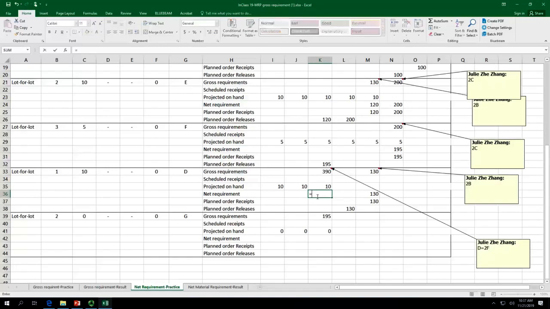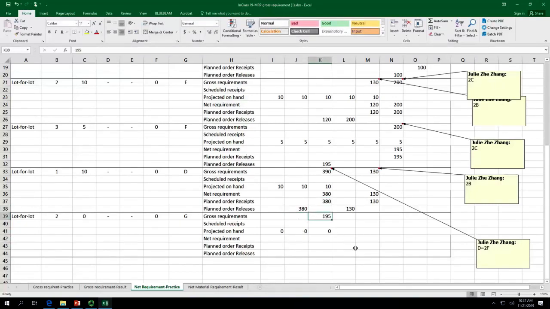You really want to order or produce 390 minus 10. And should receive this much as well. And release order, it is 1 week, so release order in the end of 2nd week.